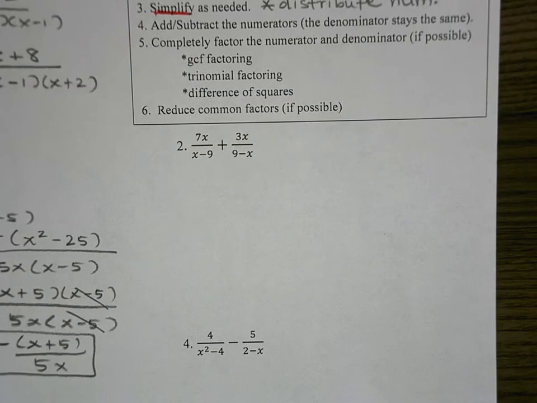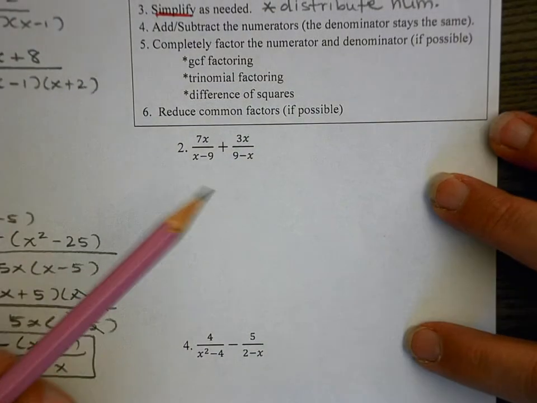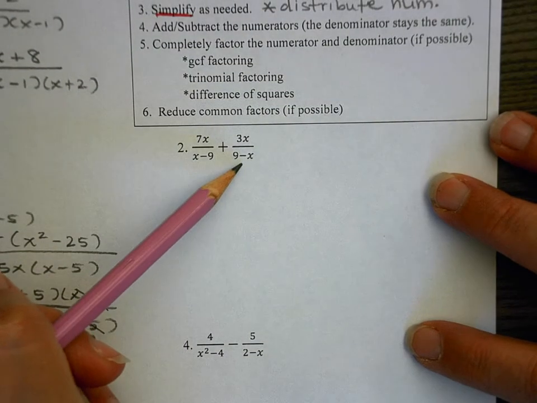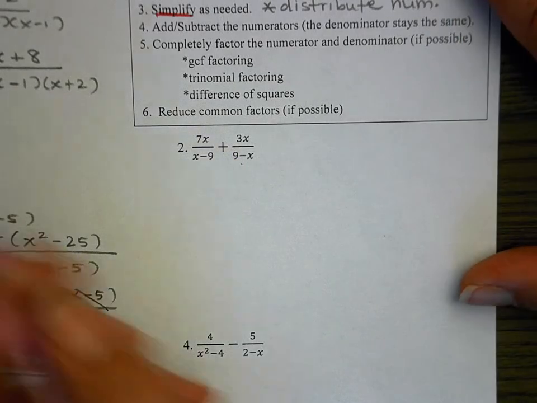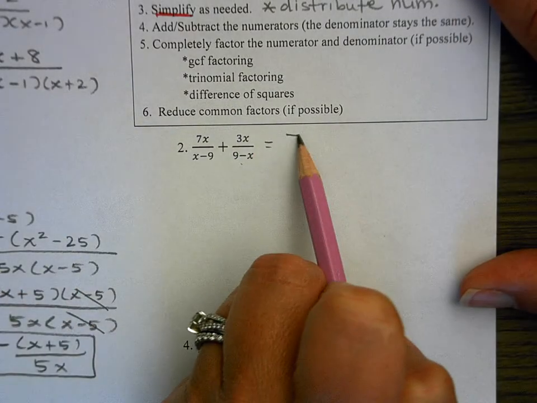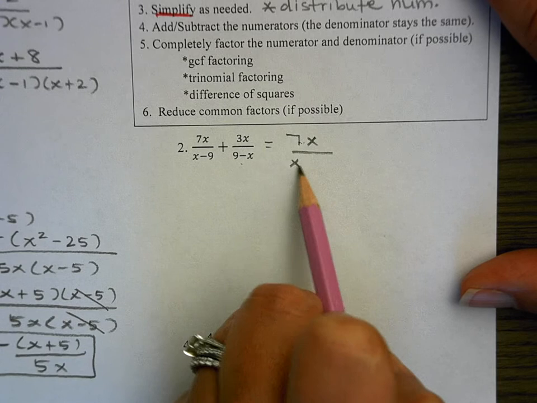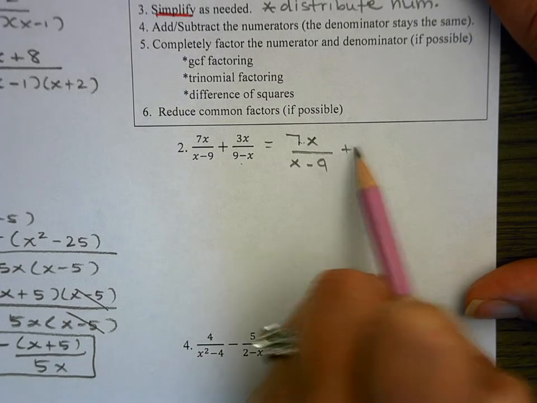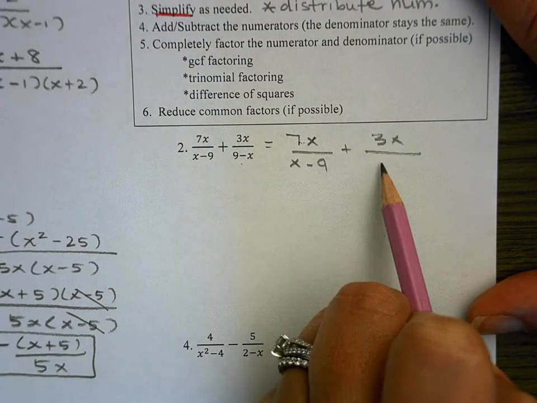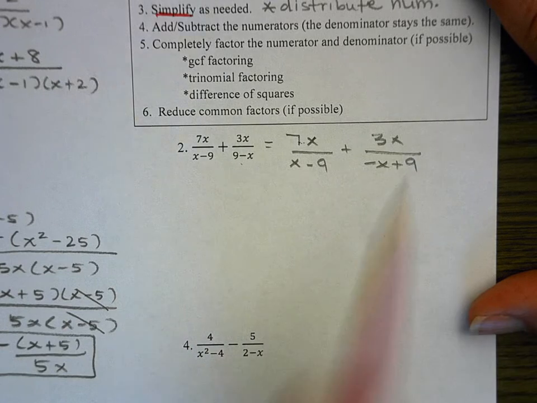So the first thing I want to do here, so this is backwards, right? So I need to fix that problem. So I'm going to rewrite this and just get that in the right format. So that's really negative x and then plus 9.